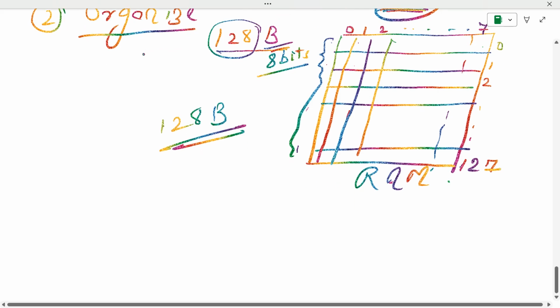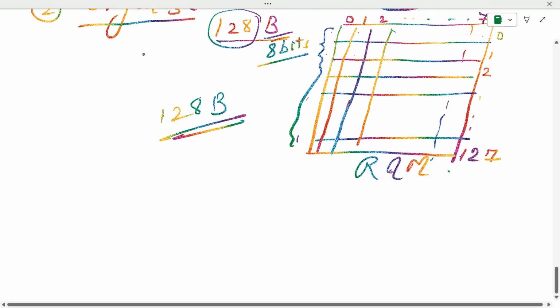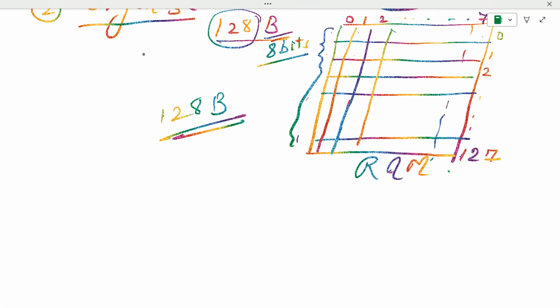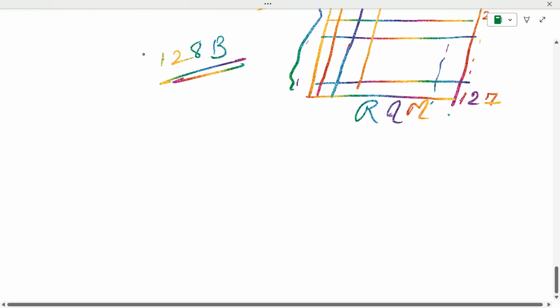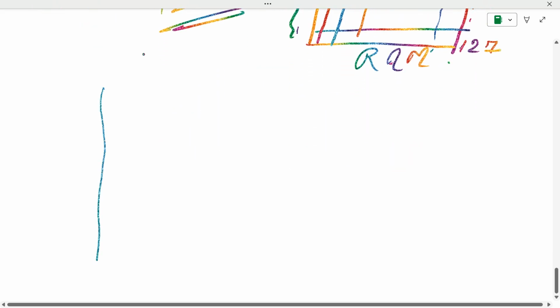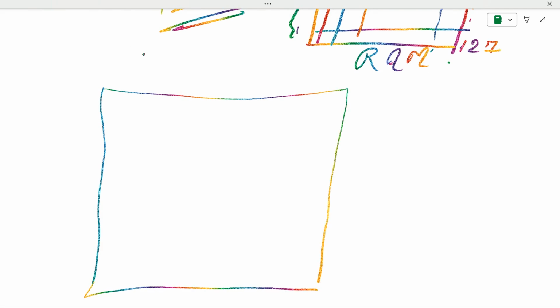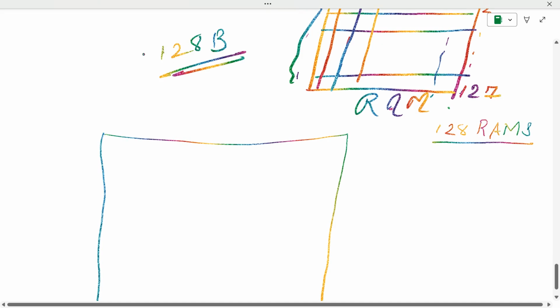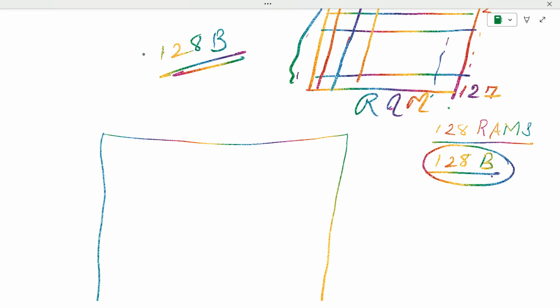Now this RAM is being organized into a memory of 16 KB, and altogether how many RAMs are required? We have already calculated that: 128 RAMs are required. So how are we going to organize this? 128 RAMs are required, each RAM holding 128 bytes of data, and we have to constitute a memory of 16 KB.